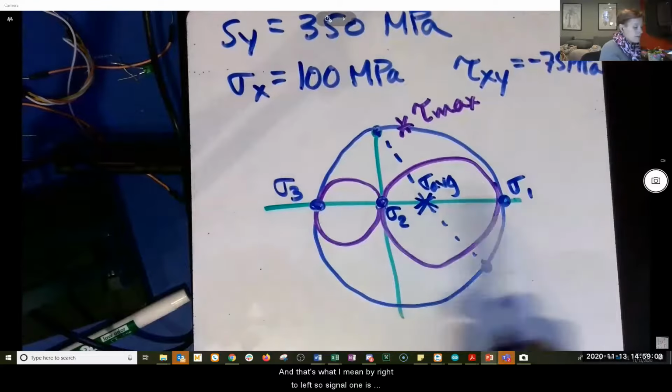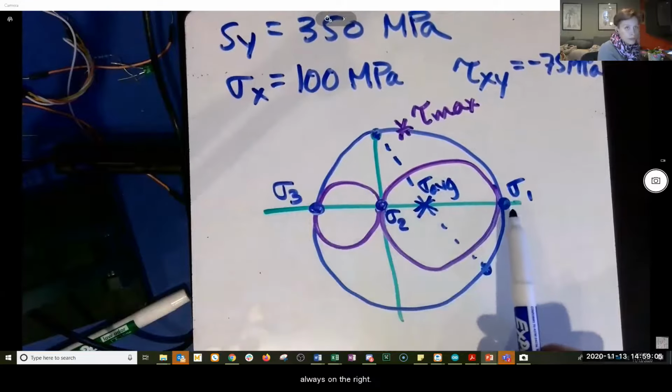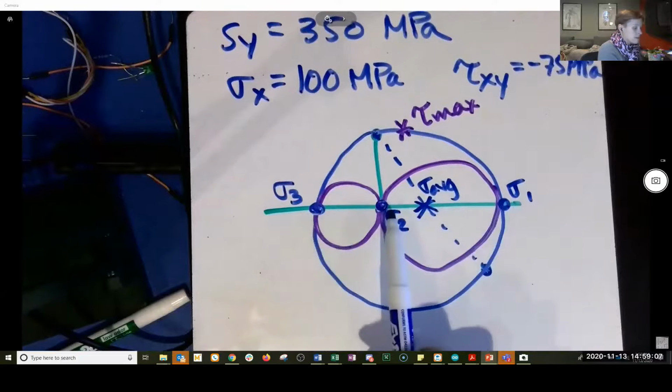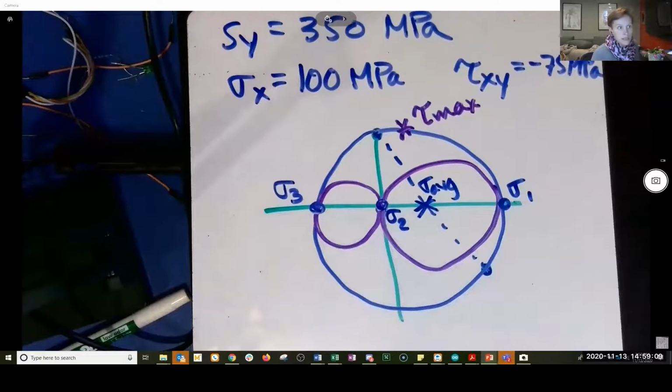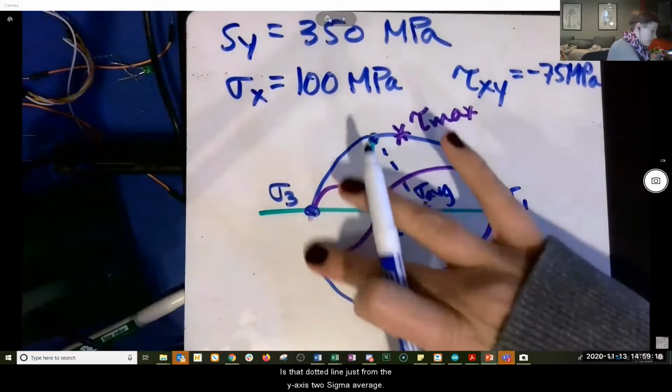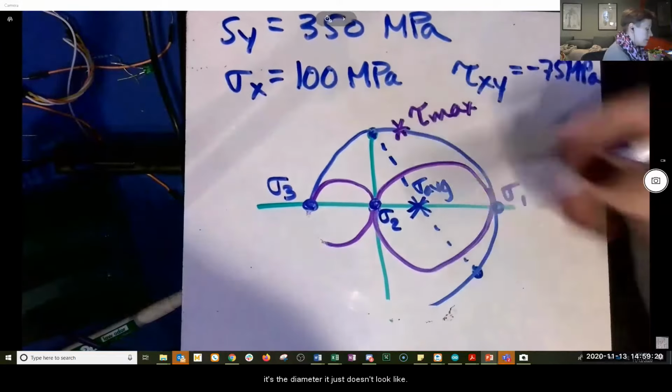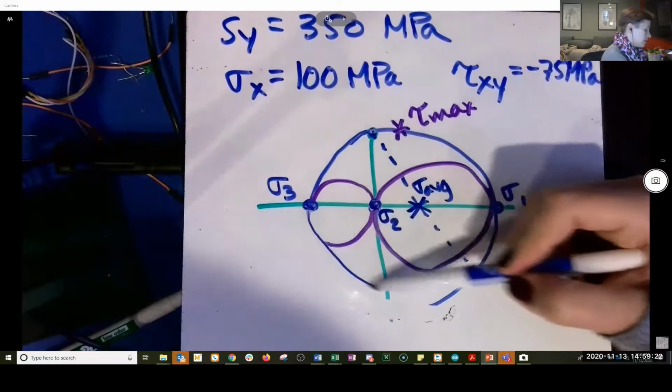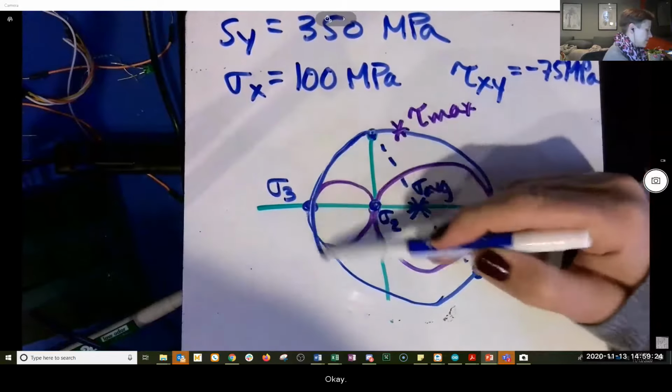That's what I mean by right to left. Sigma 1 is always on the right, sigma 3 is always on the left, sigma 2 is in the center. Is that dotted line just from the y-axis to sigma average? It's the diameter. It just doesn't look like it.